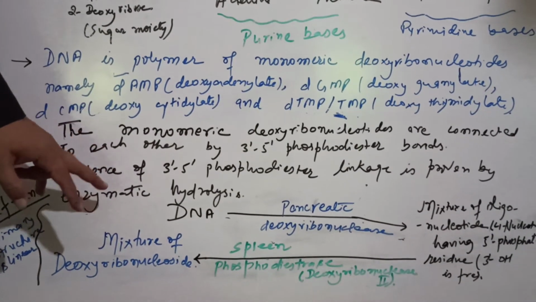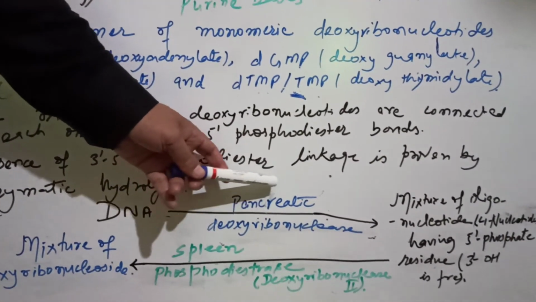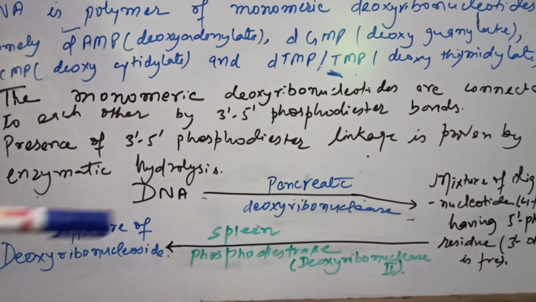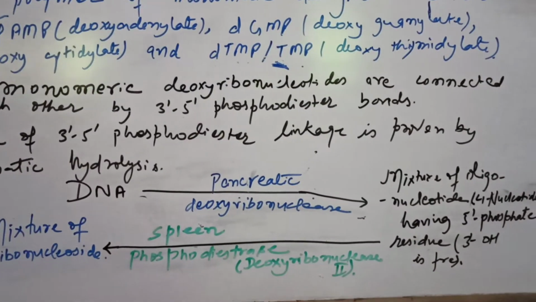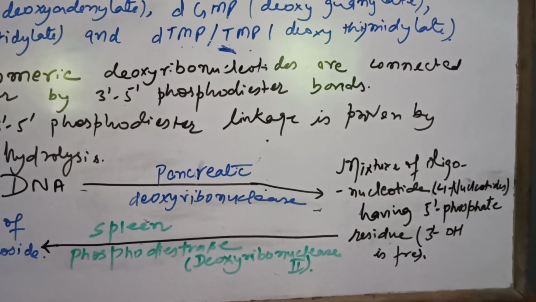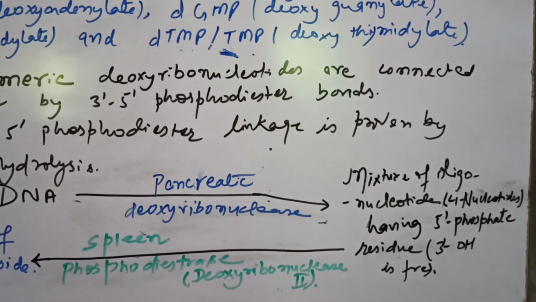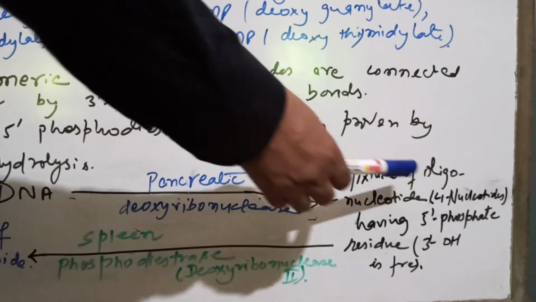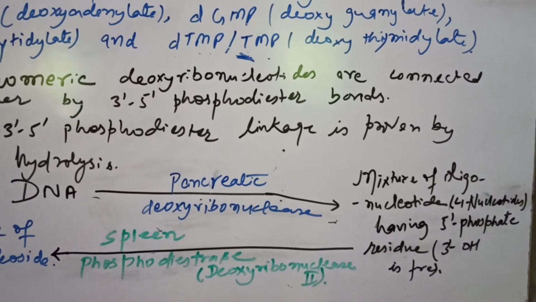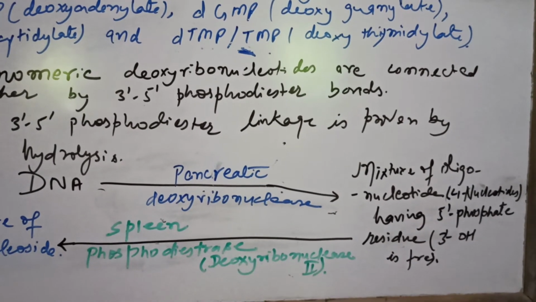When DNA is subjected to hydrolysis with pancreatic deoxyribonuclease, you get a mixture of oligonucleotides. Oligonucleotide means having more than 2 nucleotides. Most of the time you get 4-nucleotide oligonucleotides, that is, the average number of nucleotides in the oligonucleotides obtained by hydrolysis is 4.